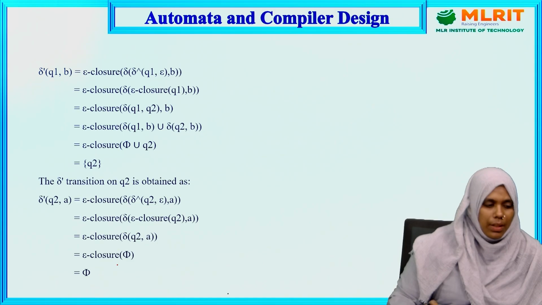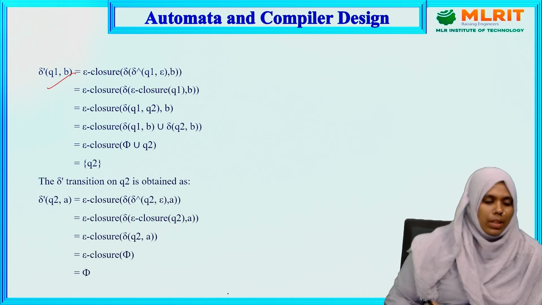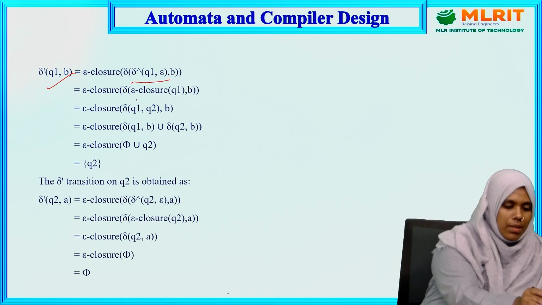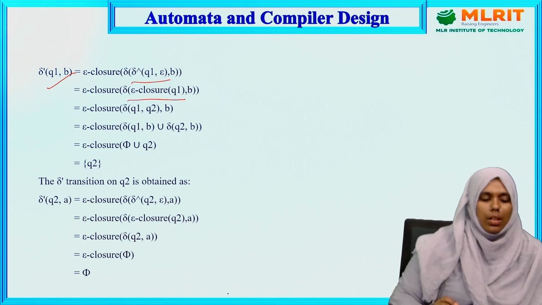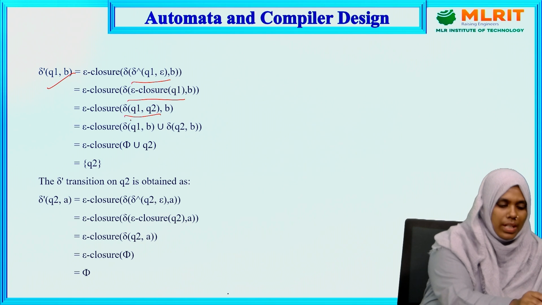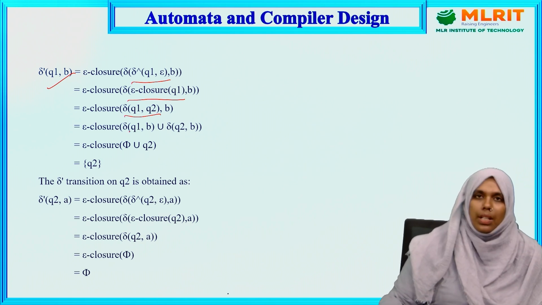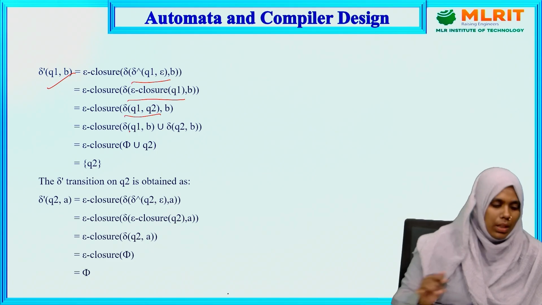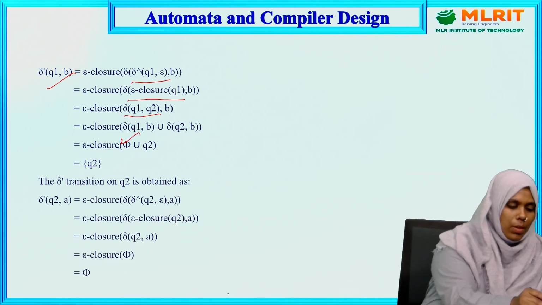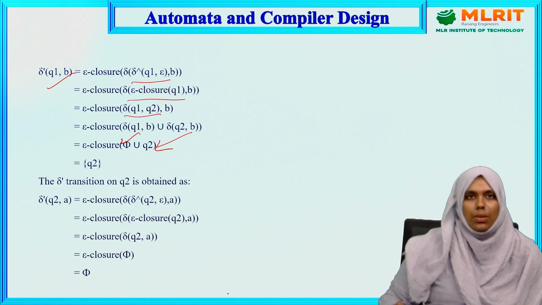In the same way, we are going to see with the Q1 comma B. That is replaced by the epsilon closure of Q1. Again, what is epsilon closure of Q1? Q1, Q2. Now expand this. Transition of Q1 comma B union transition of Q2 comma B. Now transition of Q1 comma B is null and transition of Q2 comma B is Q2.